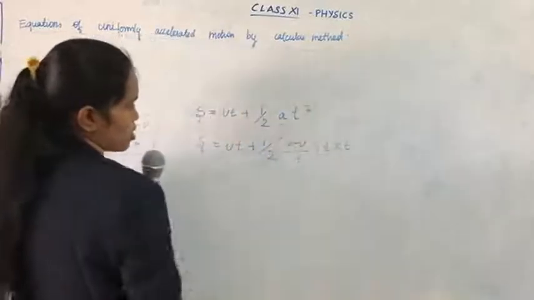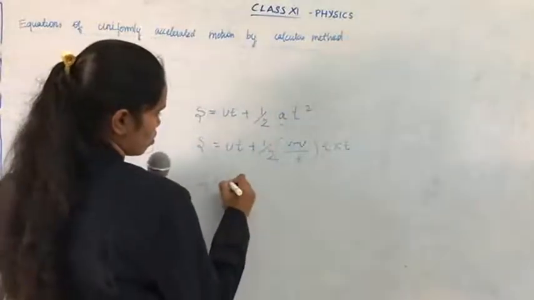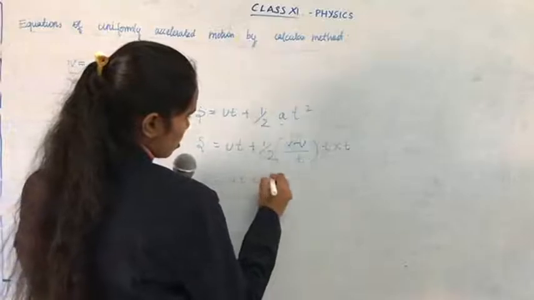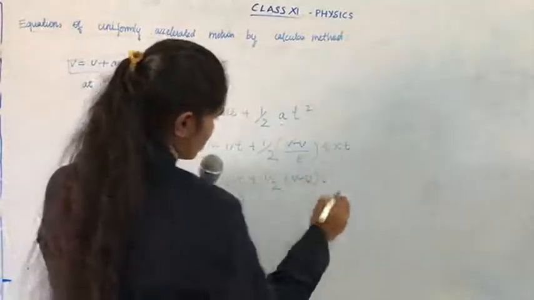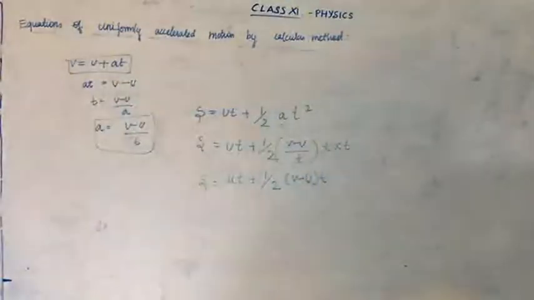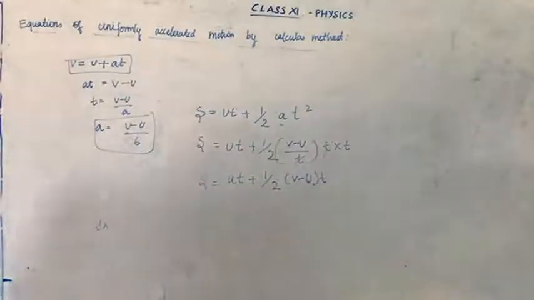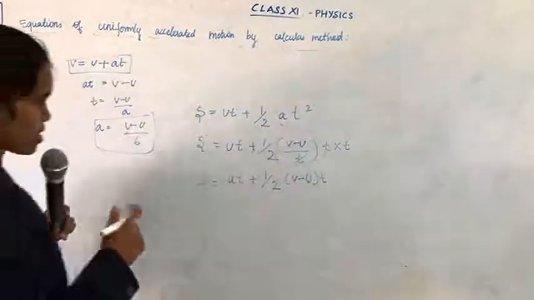T square means t into t, so cancel one t. So s is equal to ut plus half v minus u into t. Now take the LCM.